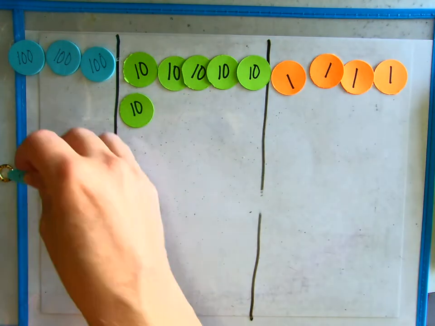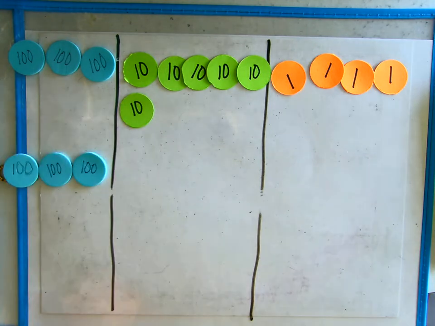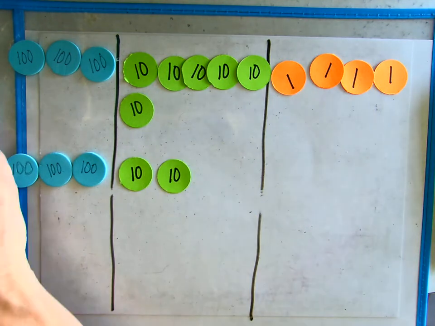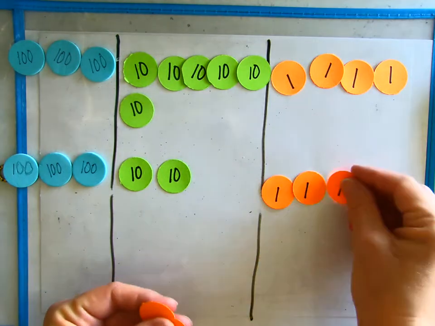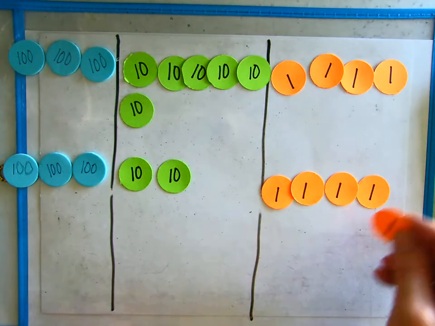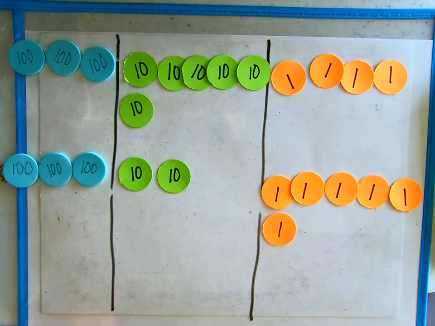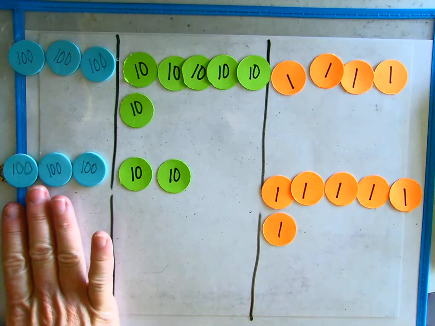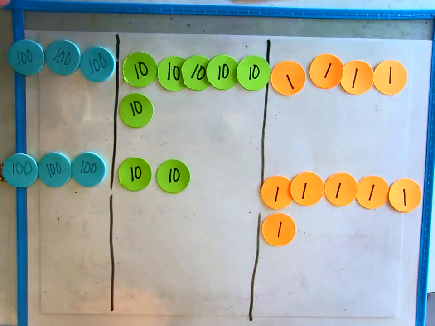And then underneath our second number is 326. 1, 2, 3, 4, 5, 6. 364 plus 326. Gonna write it vertically as well.